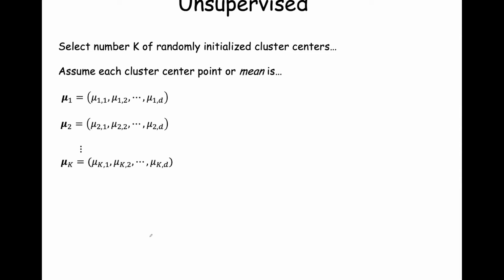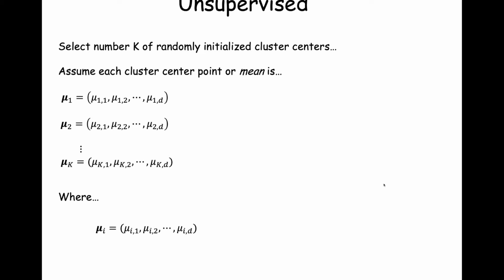You start out with some number K that you select at the beginning of your algorithm, which is the number of clusters that you desire, and then you randomly initialize some cluster centers. Each cluster center, because it is the mean among the set of points within the cluster, we call mu, is also going to be in D dimensions.